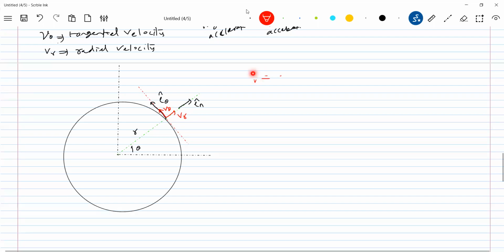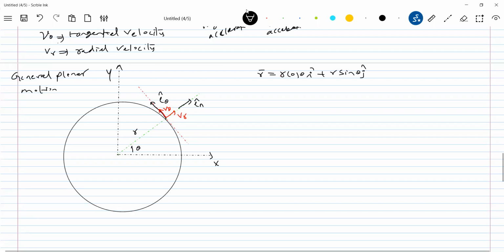Or say I'll start with R bar. So what is R bar vector? According to this, R cos theta. So let me write here, the topic: general planar motion. What is R bar? You write R cos theta I cap, R sin theta J cap.